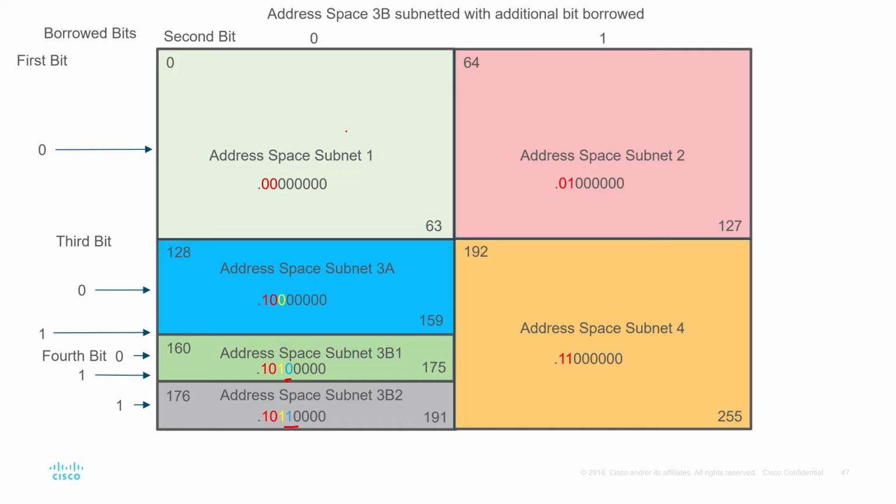So each of these groups have 62 available hosts. This group goes from 128 to 159. So this has 30 available hosts.